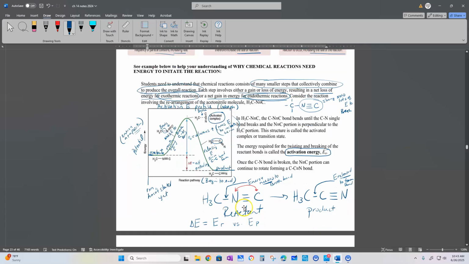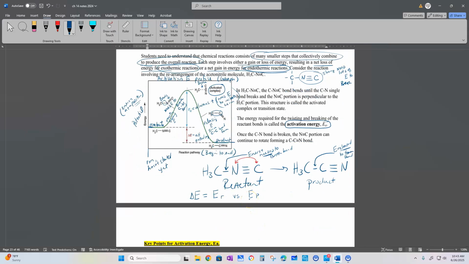I don't have any values, but say this was 2 kilojoules and maybe this energy right here is like 20. I had more energy in the reactants versus the products. I actually lost energy, because of what you had in the beginning, and now you're over here at 2 kilojoules of energy.